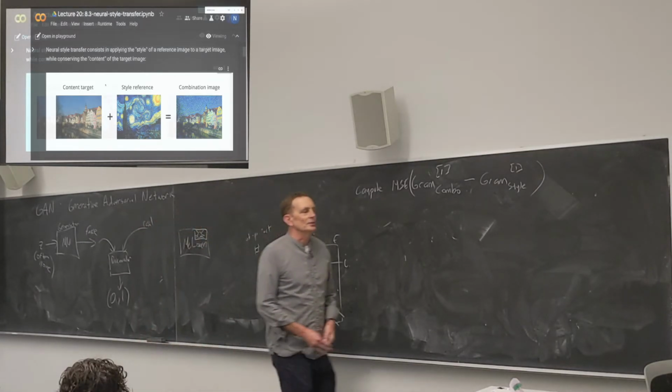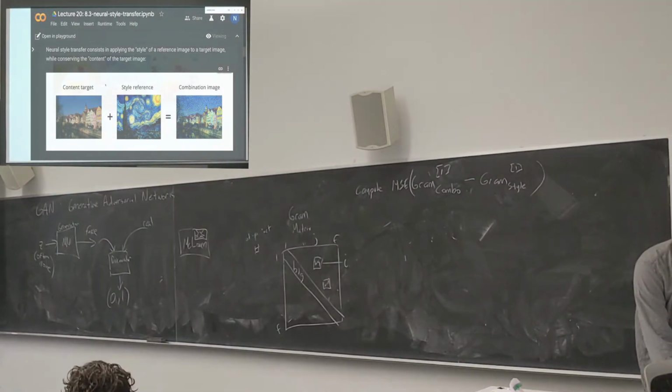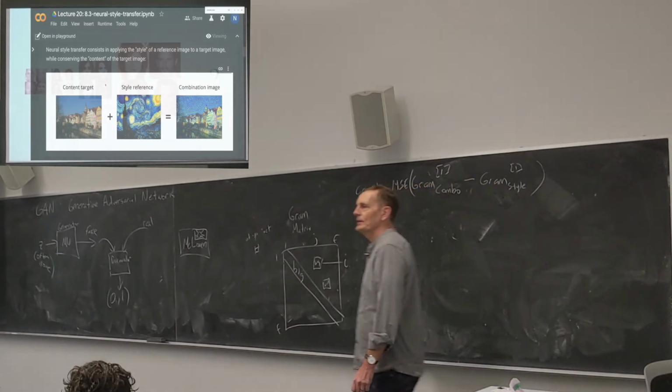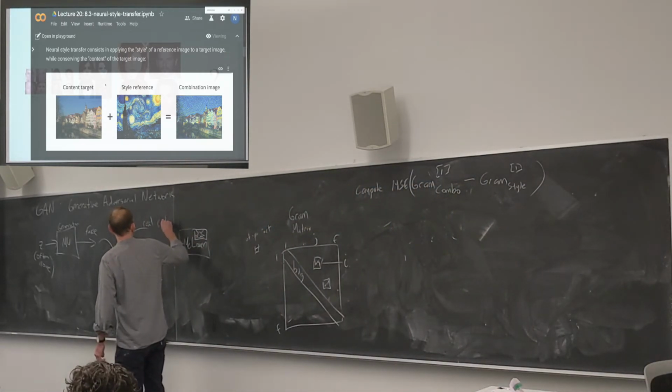Let me show some examples of things you could generate. So these are some examples of fake celebrities. There's basically a discriminator. The discriminator gets some real celebrities.